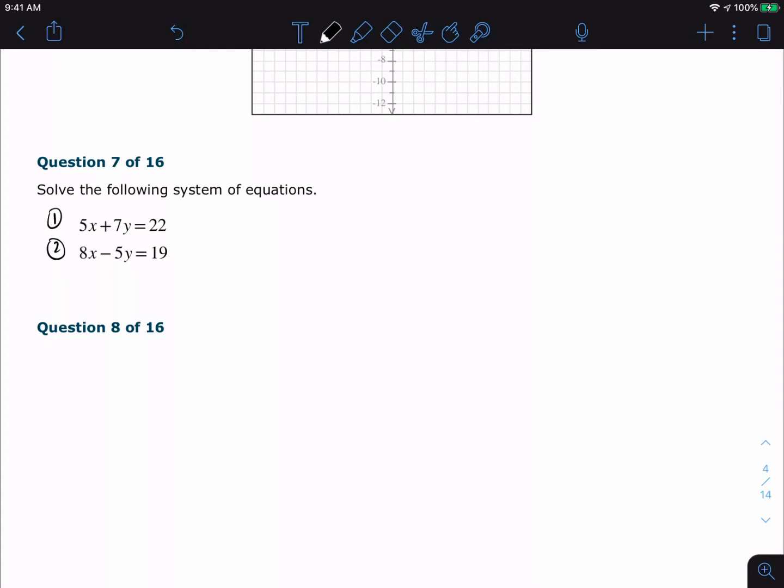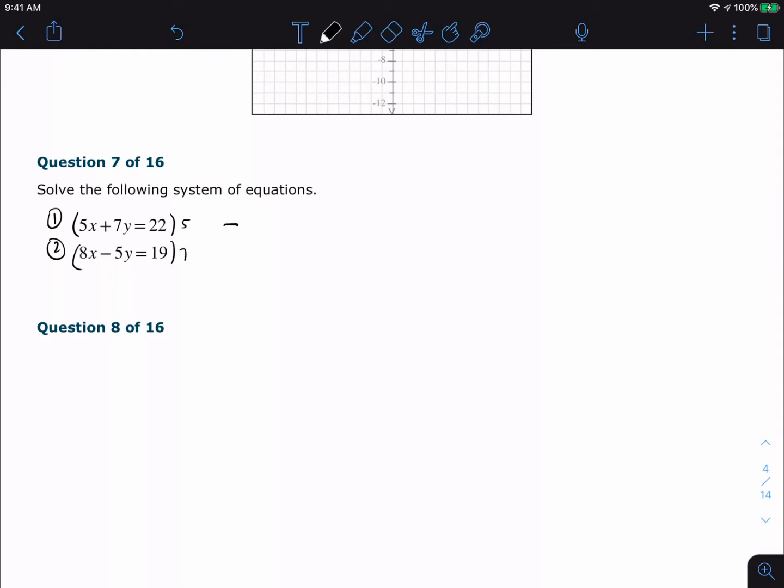One's positive and one's negative. This guy's got the positive, this is the negative. So I'm going to match those up. I want them to have the same number. So that means this first one I'm going to multiply by 5, and the bottom one I'm going to multiply by 7.